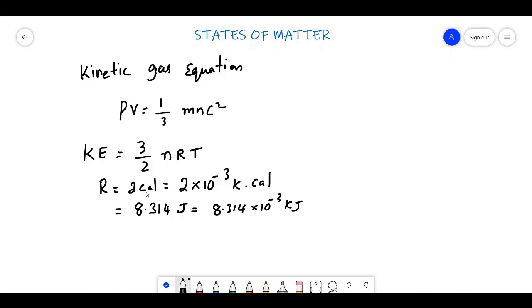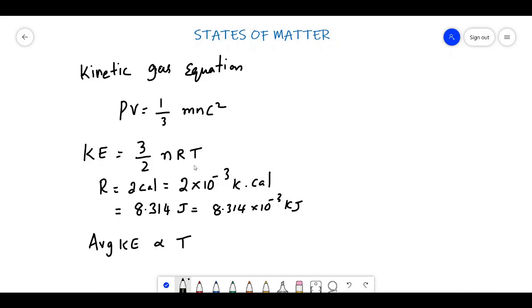Next, whenever average kinetic energy is asked in any question, average kinetic energy is directly proportional to absolute temperature. If temperature is the same, whatever the gas, the average kinetic energy will be in the ratio 1 is to 1. Once again, if kinetic energy is asked, you can take this equation.